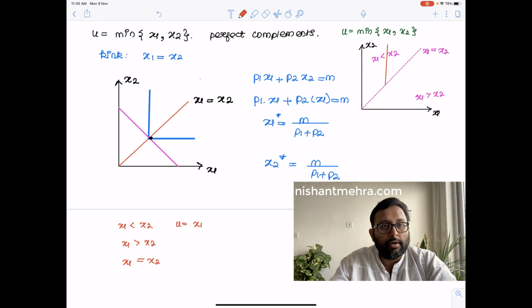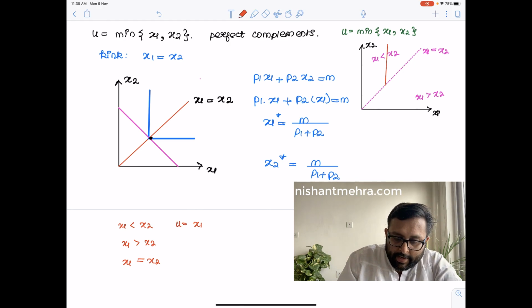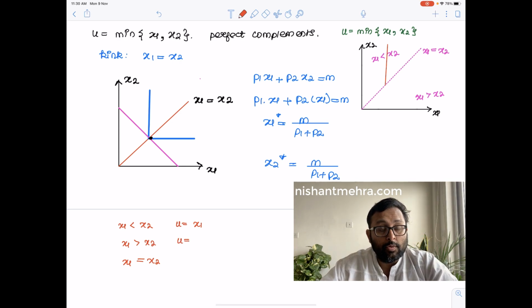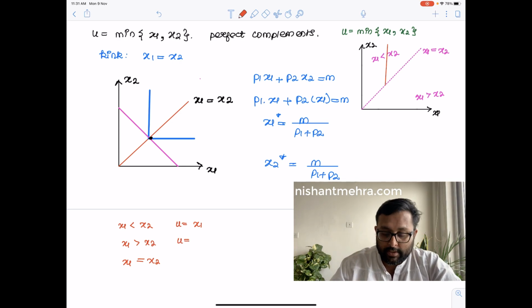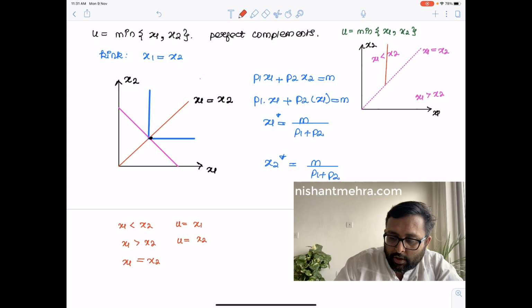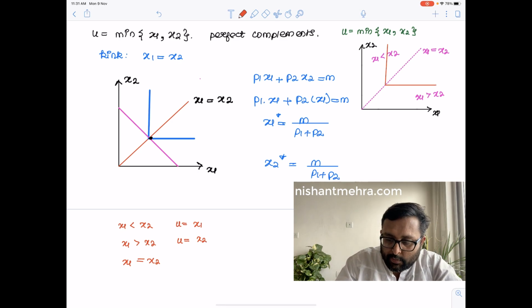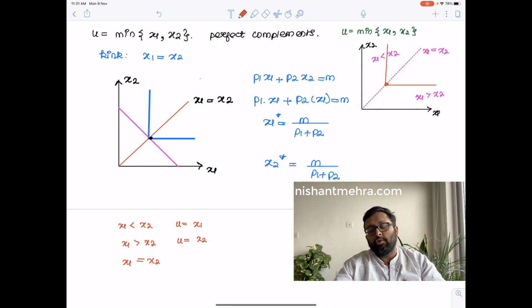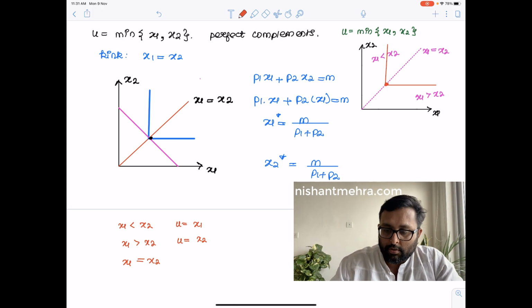Okay, x1 greater than x2, x2 is less, so you have u equals to x2 out here. This is 4 equals to x2, and x1 equal to x2 is just a point. So this is the way you draw the indifference curve for this.